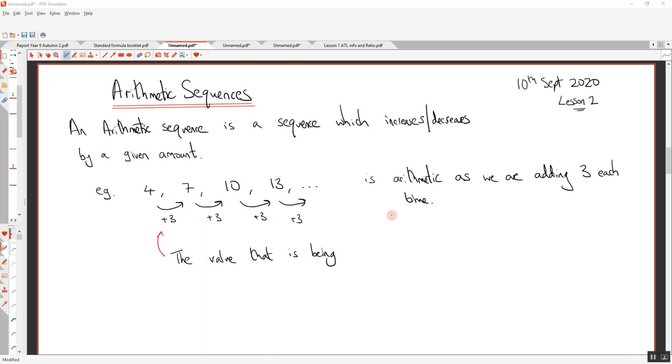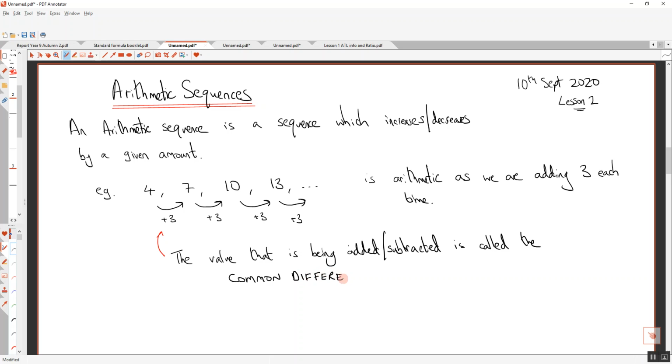And the value that it goes up by, the value that is being added or subtracted, is called the common difference.